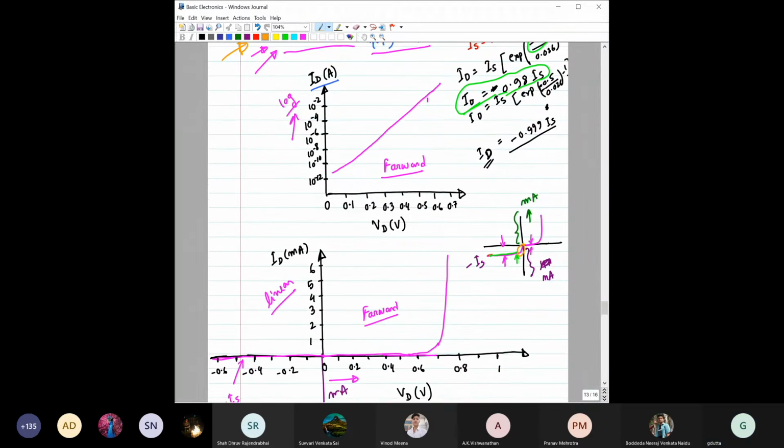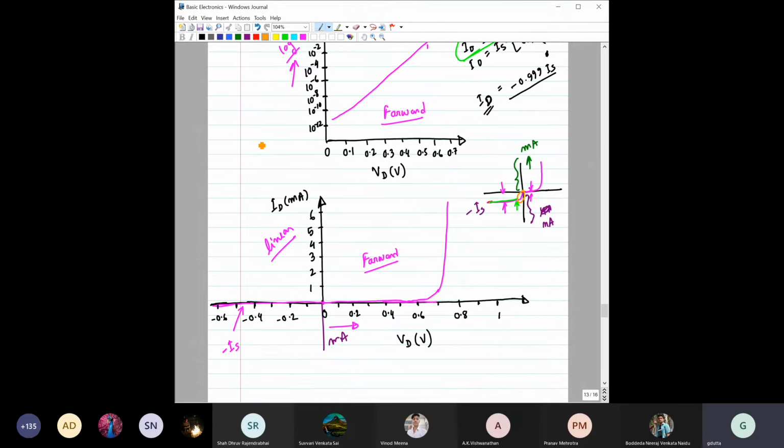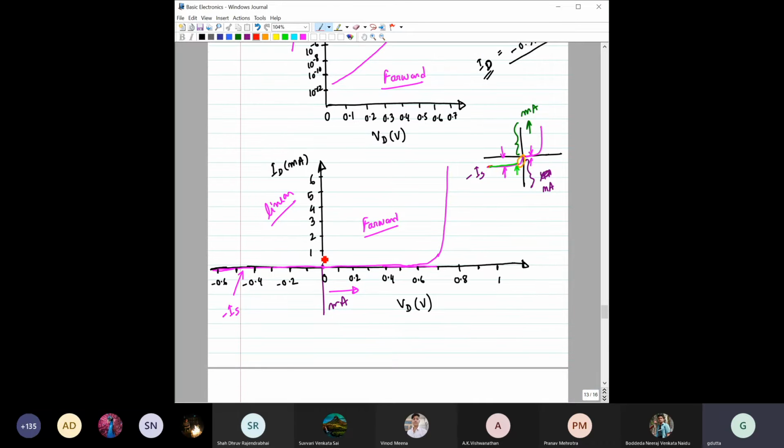Now if you see these linear scale characteristics, you will find that this particular PN junction has rectifying characteristics, right? In forward bias it can conduct current, and in the other direction it cannot conduct current.